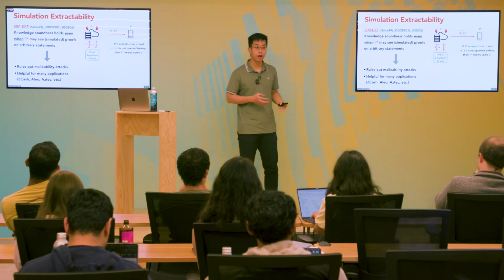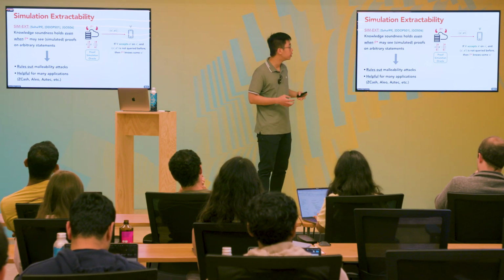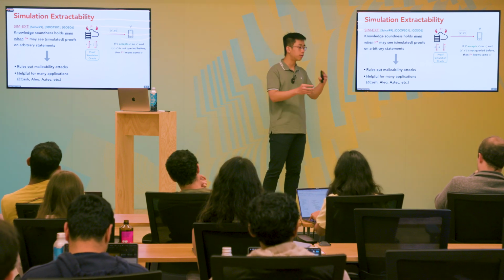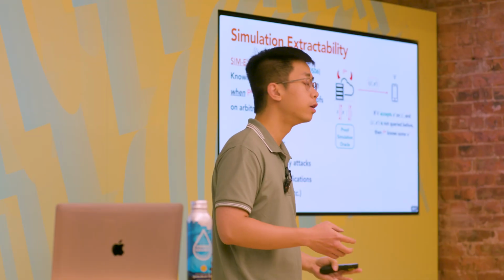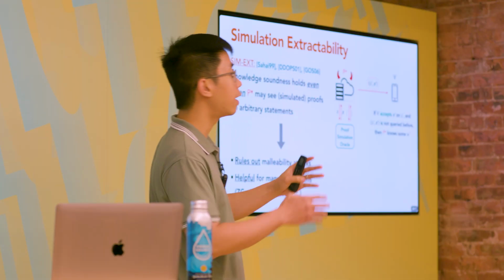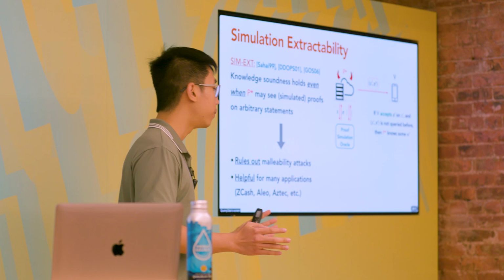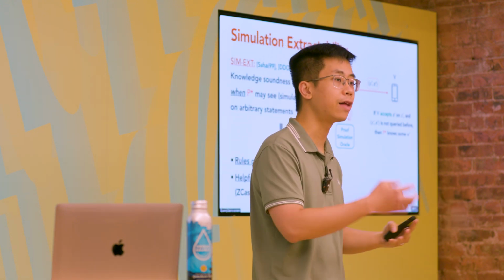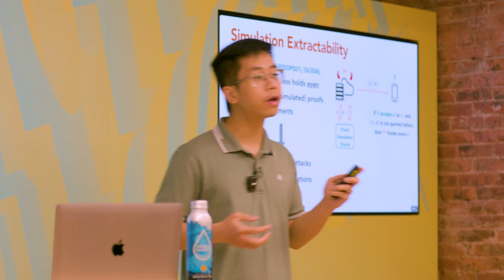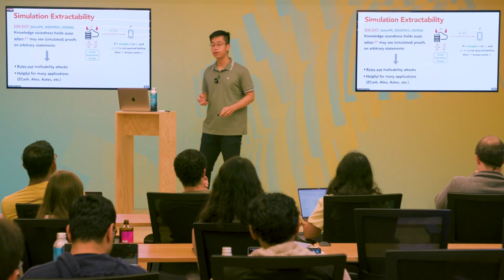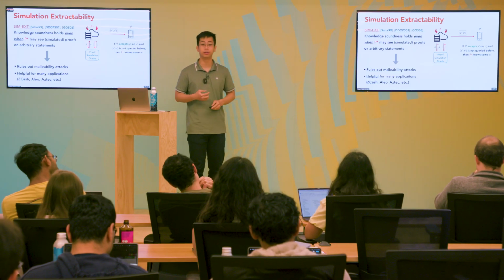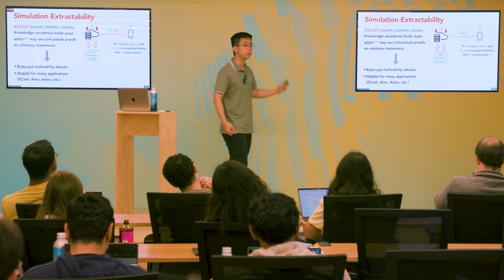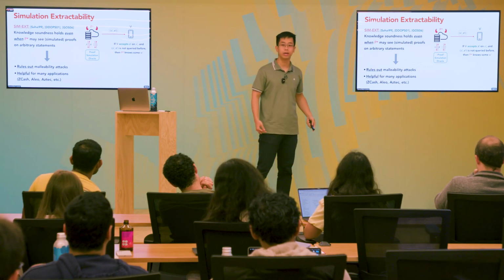If it is not, then there are ways to make it so, by composing it with other primitives such as just ordinary signatures, so that the final scheme is non-malleable, but that adds extra overhead. So it's very helpful if your underlying SNARK is already proven to be simulation extractable, because then it can just be used directly for these applications.